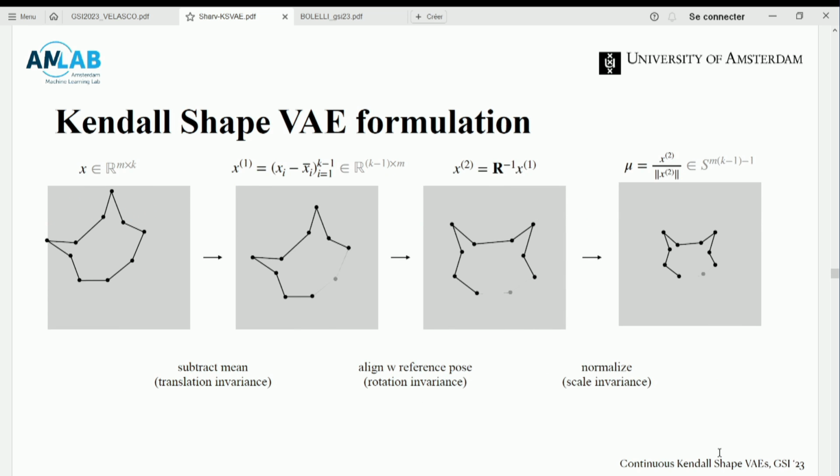So how do we do that? Just to reiterate, in order to make sure that we have these invariances in place, we take these landmarks x in R^(M×K) space. Then we subtract the mean so that we get translation invariance. Then we align it with a reference pose, which gives us rotational invariance. And then we normalize it, and that gives us scale invariance.